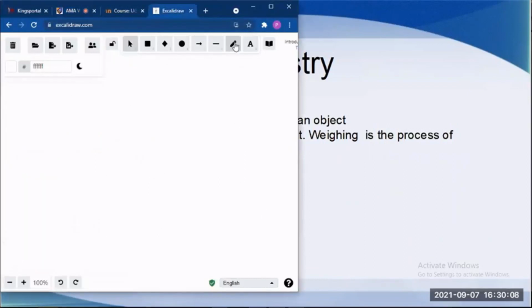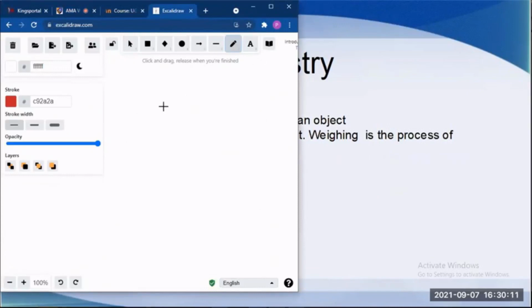Let's have this example. I'm going to draw. Please bear with my drawing. Imagine a weighing scale.